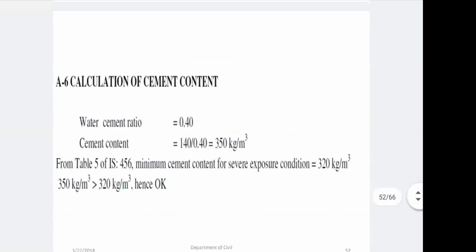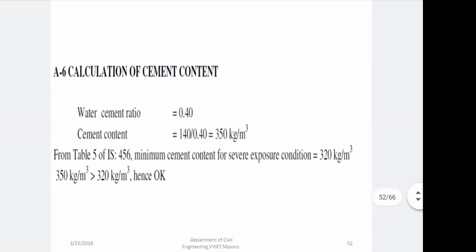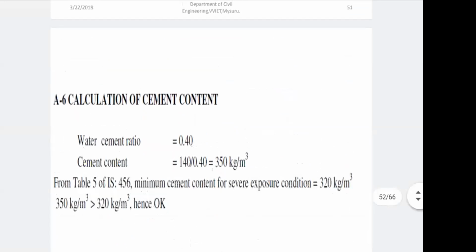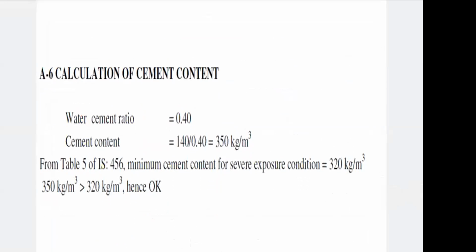Now we will see the calculation of cement content. You know that the water cement ratio which we have adopted is 0.4, and the cement content should be calculated by using the formula: water content divided by water cement ratio. 140 upon 0.4 will give you 350 kg per m cube.